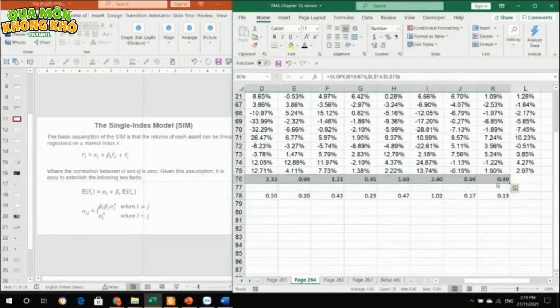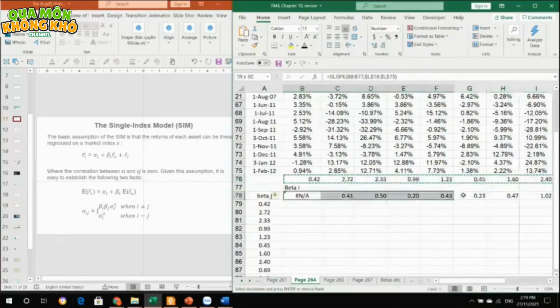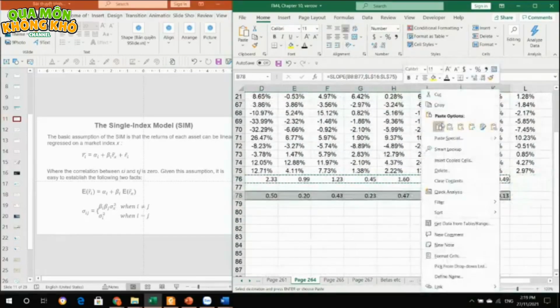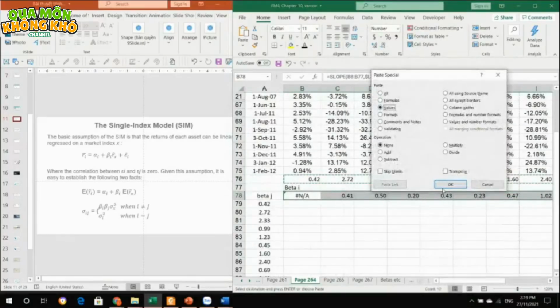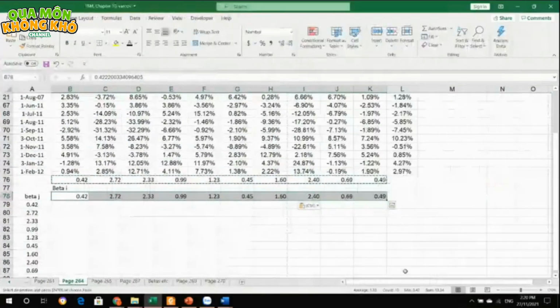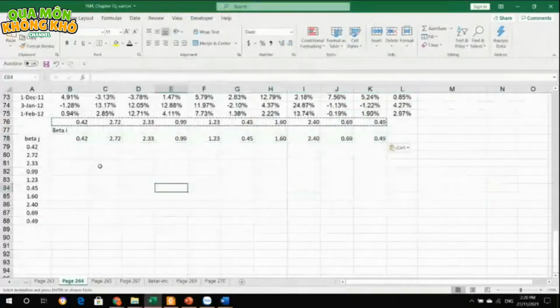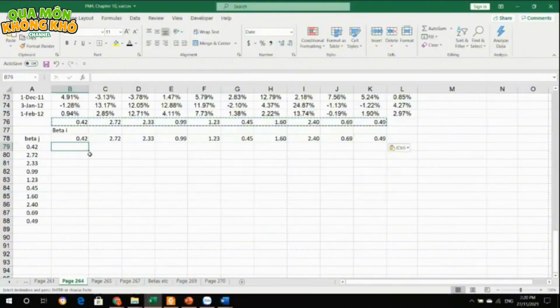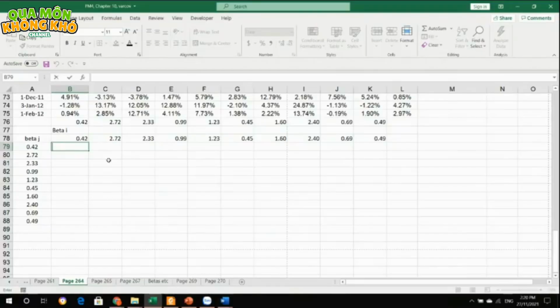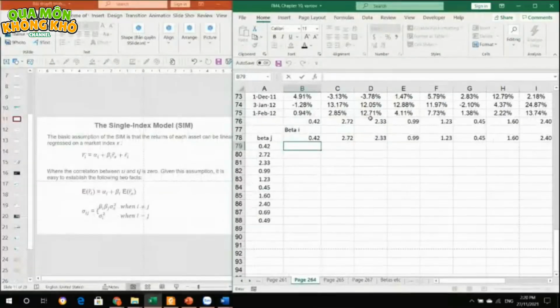Copy here. Yes. And you apply the formula with beta i times beta j times the variance of the market.